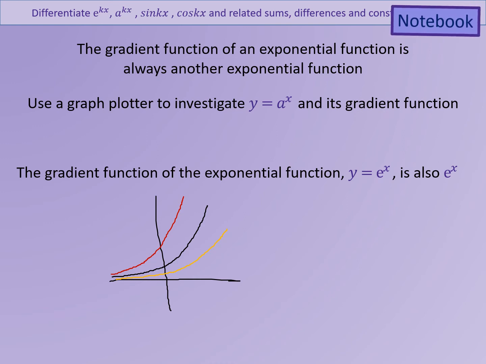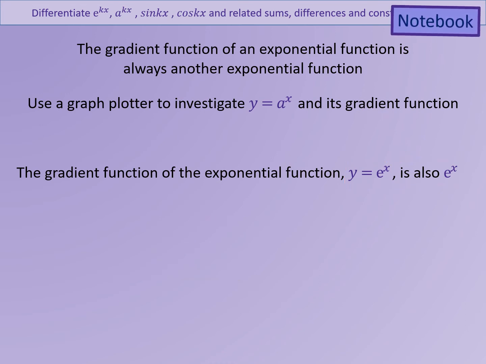It depends on the value of a. Now what we noticed is that to actually let it land exactly on top of itself, so that the gradient function equals the original function, is at a very special value, and that value is e, the exponential value.